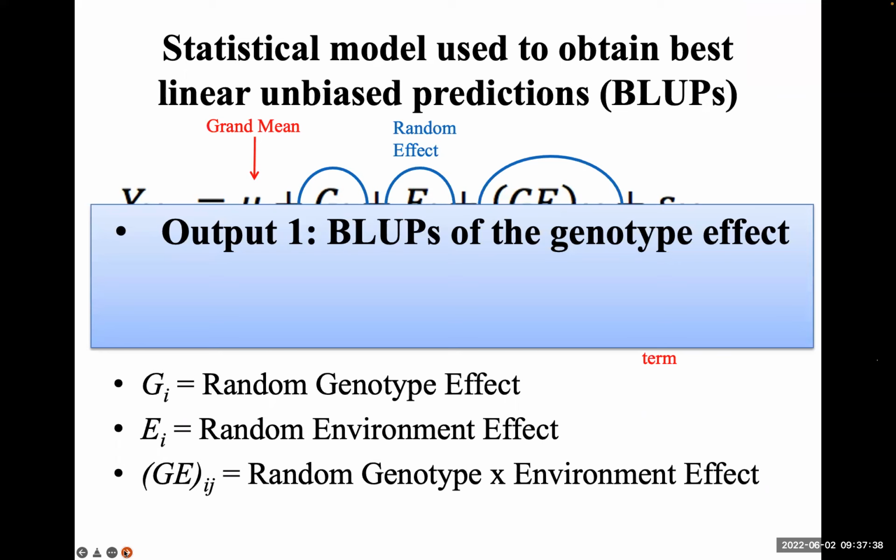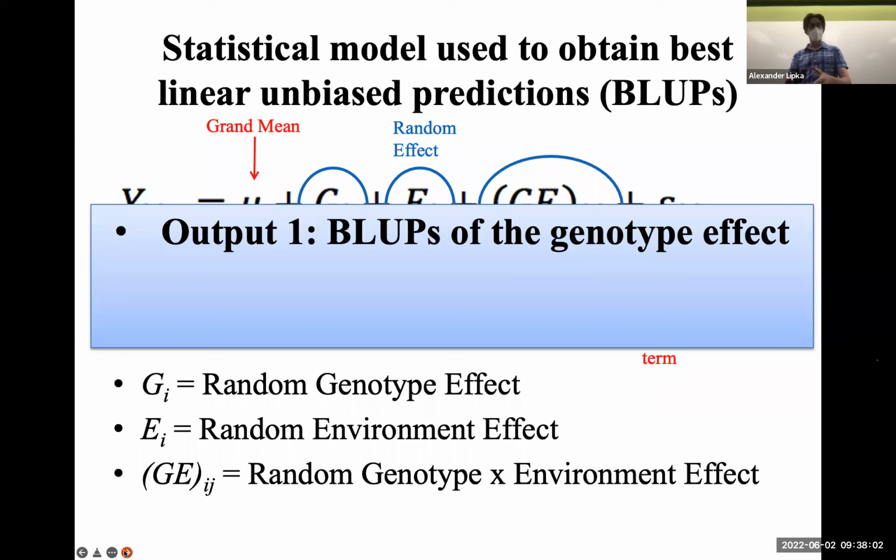So let me back up very slightly. When we fit this random effects model, we can obtain estimates of each of our genotype levels. I'm using the term estimates loosely, because when we have random effects, we are not allowed to call them estimates.